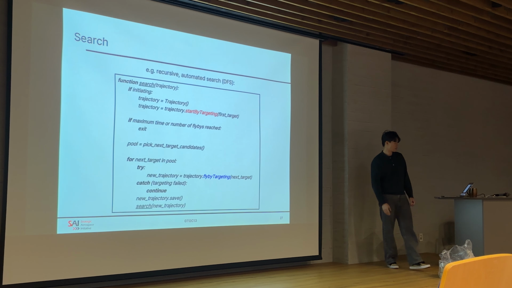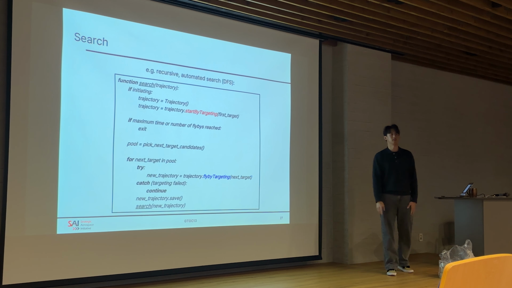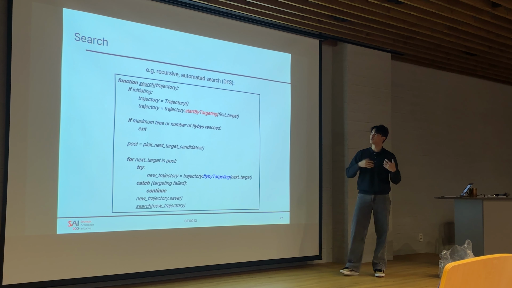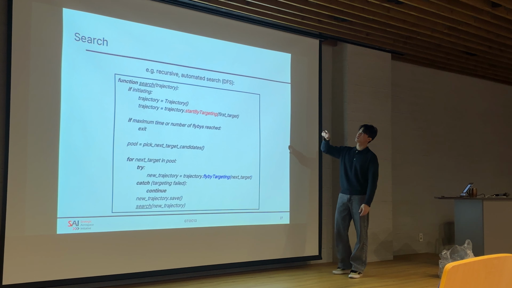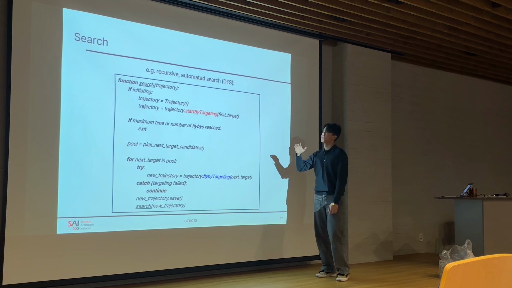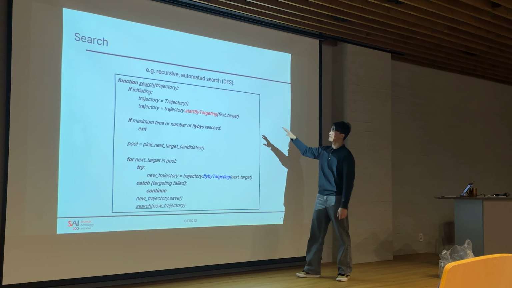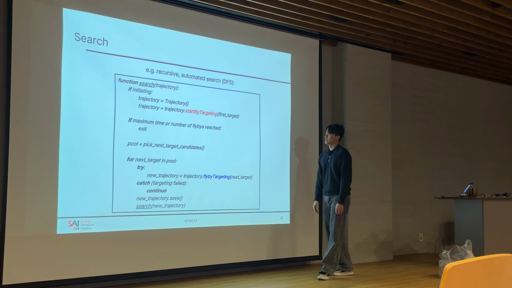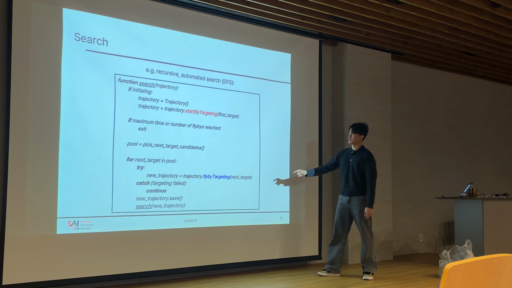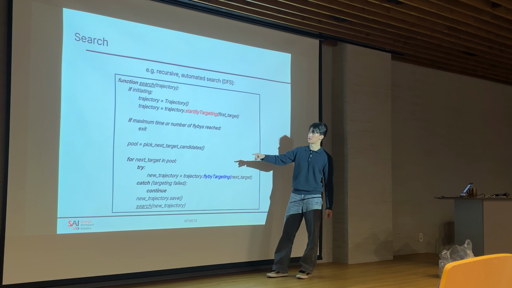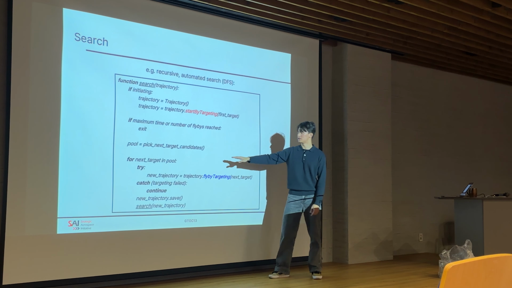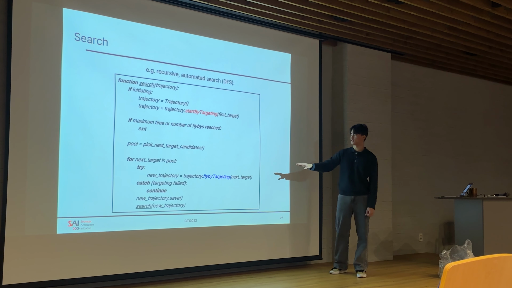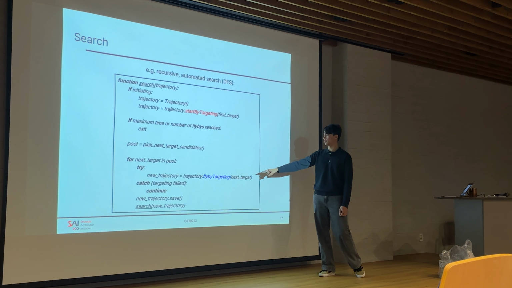So now we have the trajectory class, which includes the start targeting and flyby targeting. What we want to do is to implement a recursive automated search. The procedure is like this. You first start the search by initializing the trajectory object, and then call the start targeting in the initial stage. The next stage is you pick the next targets by some smart logic. For each body in that pool, you try appending a new segment to that trajectory by calling the flyby targeting function.